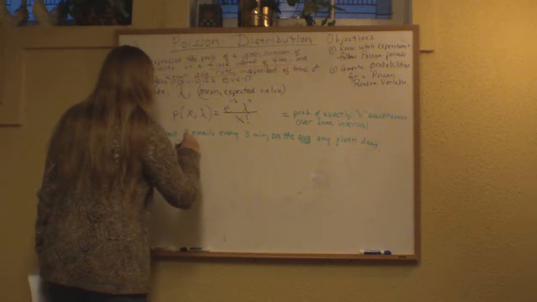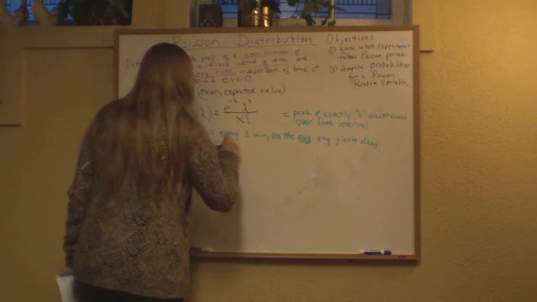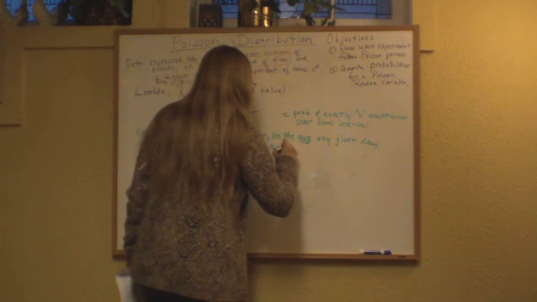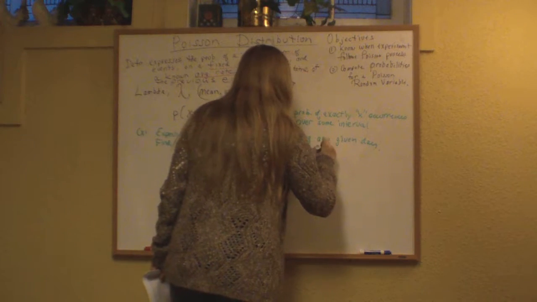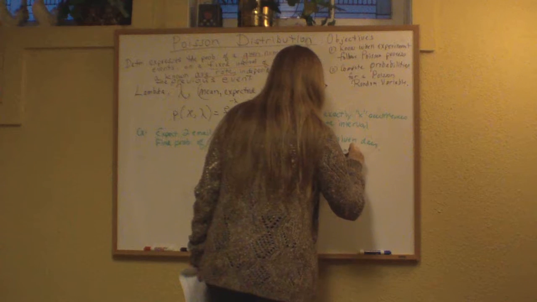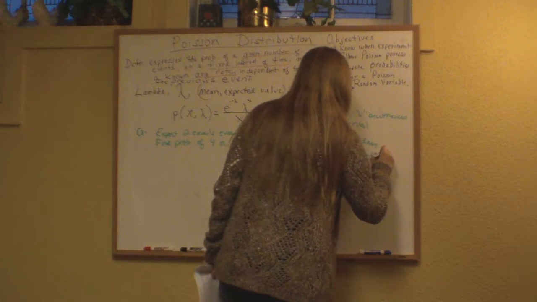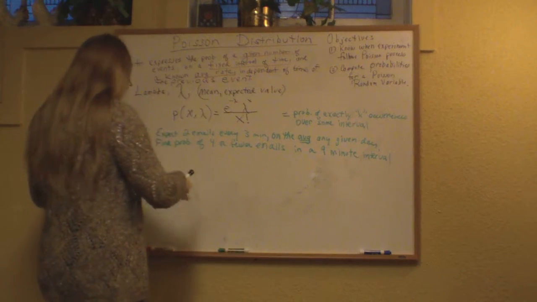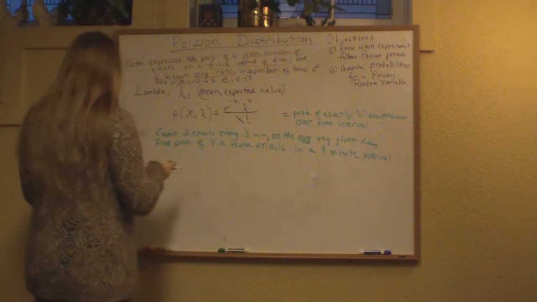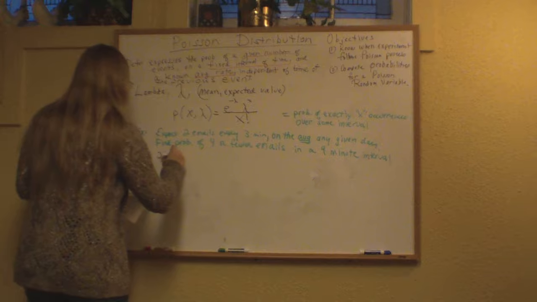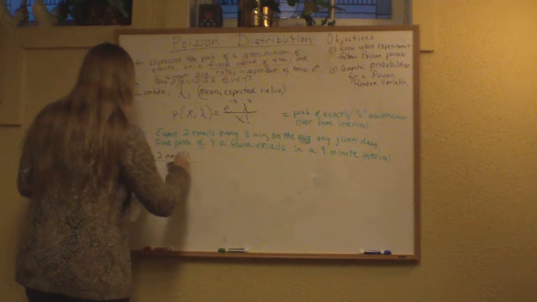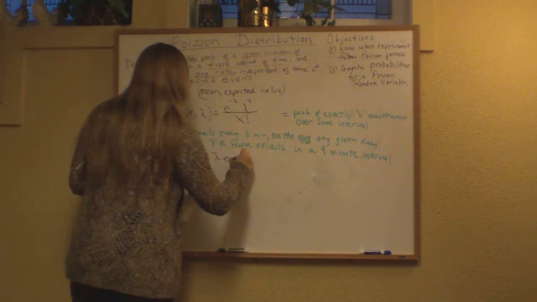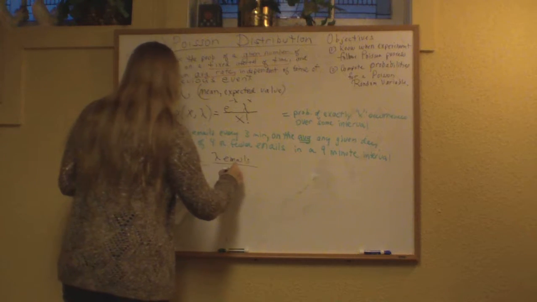Find the probability of 4 or fewer emails in a 9-minute interval. So what you do is set up your proportion. You have 2 emails in 3 minutes as lambda emails, which is going to be your average, happening in 9 minutes.